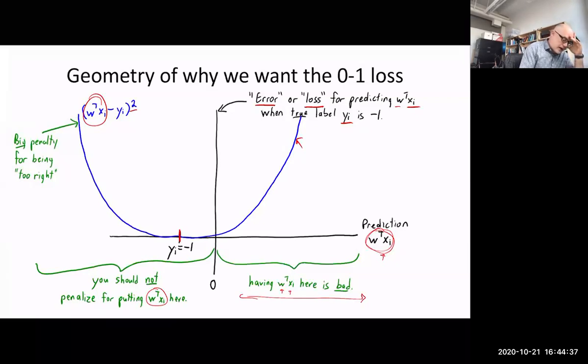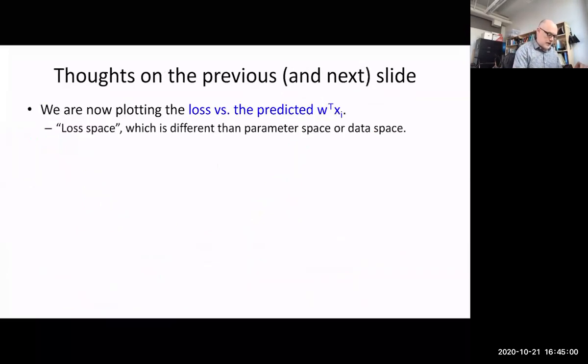We're going to penalize W's that produce a response different than Yi by a quadratic amount in this direction. That's good, right? So these should have large error because they're wrong. But over here, we're going to penalize for being too right as well, okay? That's bad. We don't want to do that, okay?